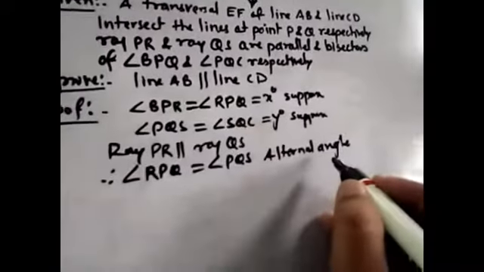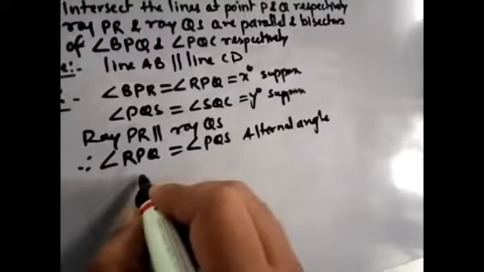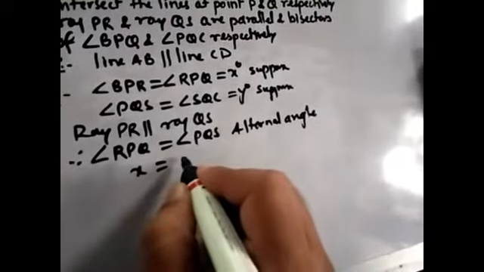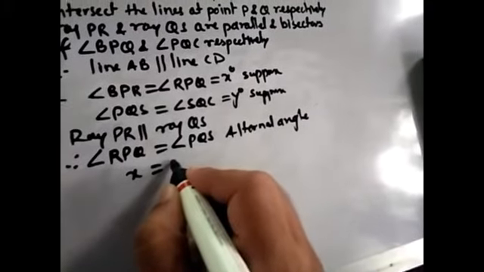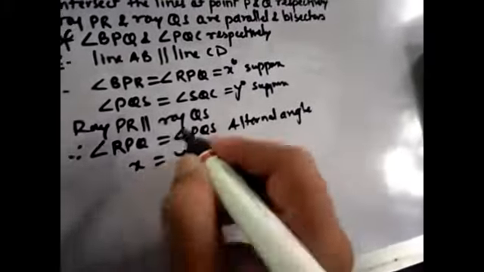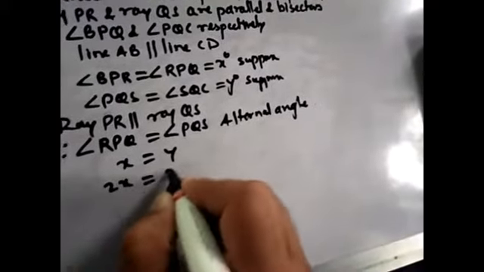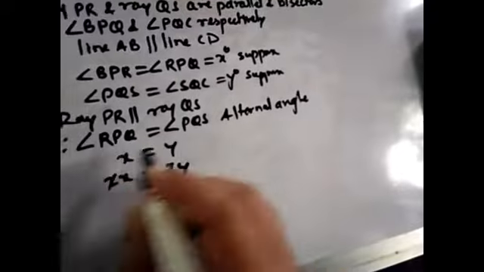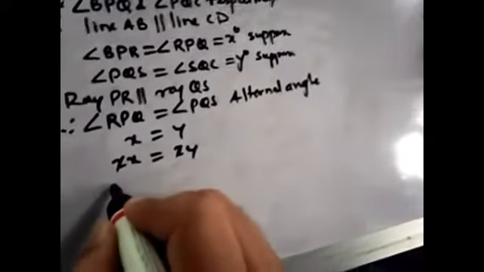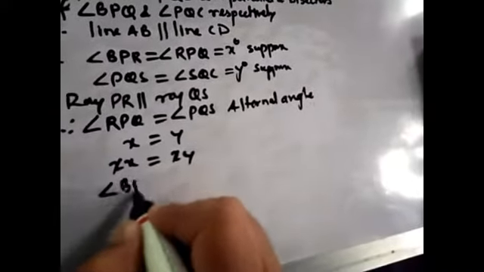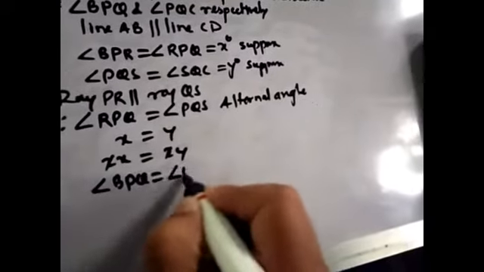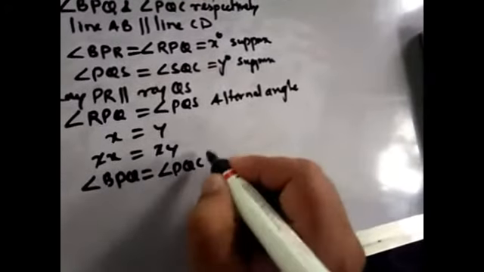So that's why we write the reason here. Now write x is equal to y, means 2x is equal to 2y, the 2 gets cancelled. Again we can write that angle BPQ is equal to angle PQC.